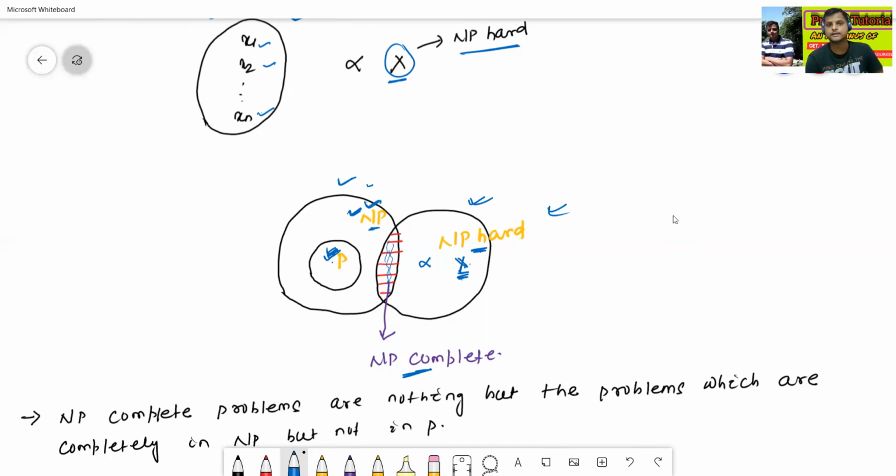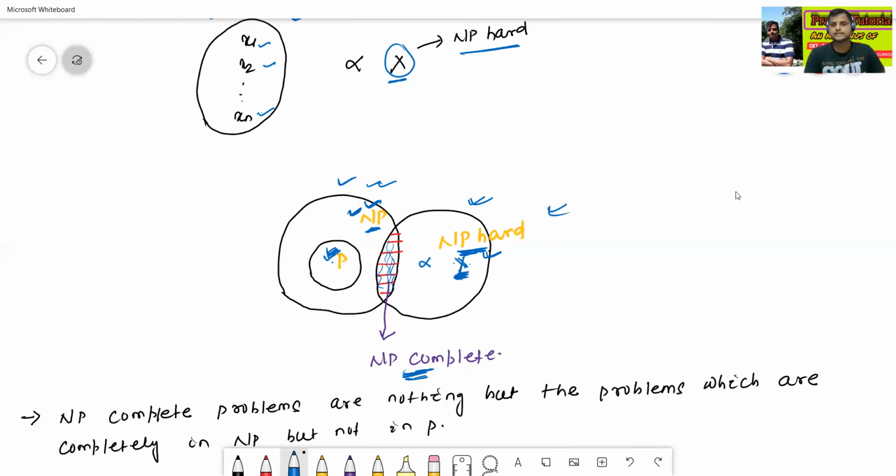If all NP class problems are reduced into X, this X is called an NP hard problem. If this NP hard problem belongs to the NP class, the red color part is called an NP complete problem. All NP complete problems are NP hard, but all NP hard problems need not be NP complete problems.